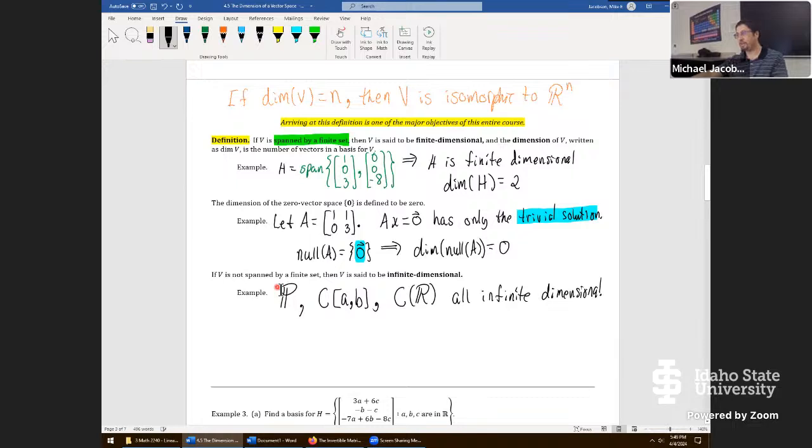You might think this one's not too weird. It's a polynomial space, but consider functions like e^x. That's absolutely a continuous function. It's defined on the entire real number line, so it belongs to C(R). But if you're thinking in terms of polynomials, as well as power series, say the Maclaurin series for e^x, if you're taking Calc 2, this is nothing but the summation as n goes from 0 to infinity of x^n divided by n factorial.